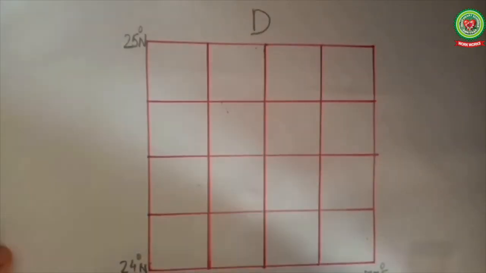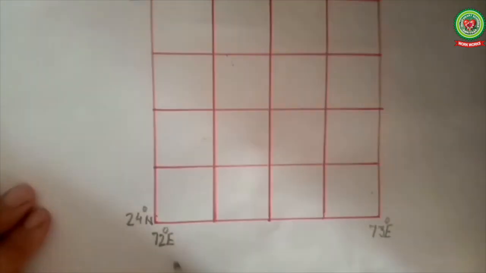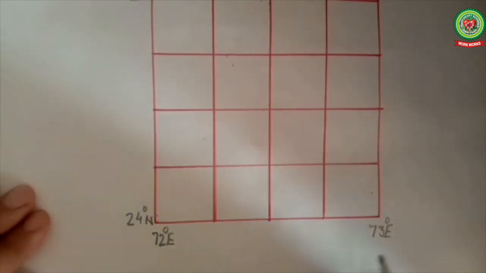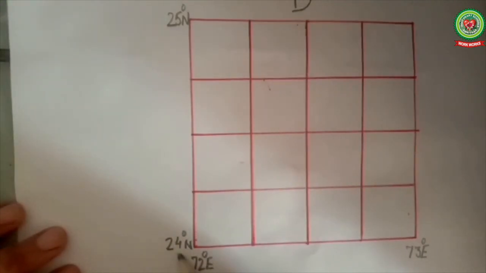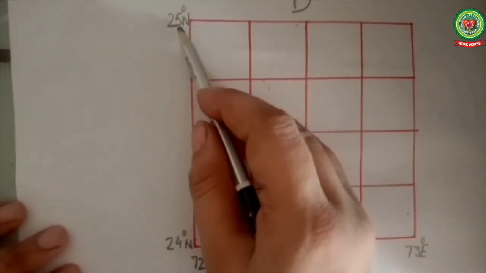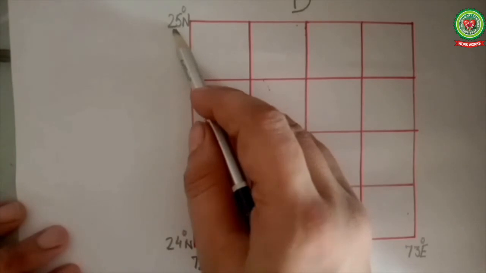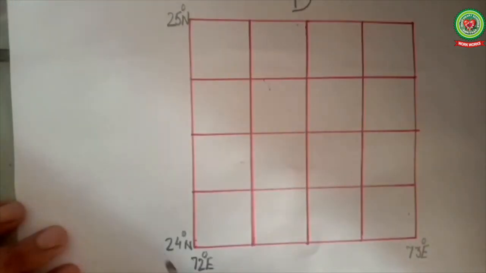We already know that district D lies between 72 degree east to 73 degree east longitudes and 24 degree north to 25 degree north latitudes. Now we will reduce it further to a scale of 15 by 15 minutes.